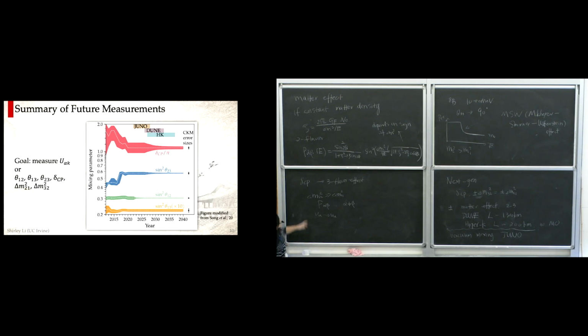Okay, so what's the condition to see delta CP, to see CP violation in your processes? First, you need 3 generations. Second, you need a process like nu mu to nu e, so an appearance channel. So this could be different from nu mu bar to nu e bar.